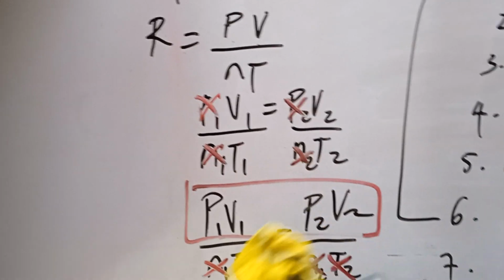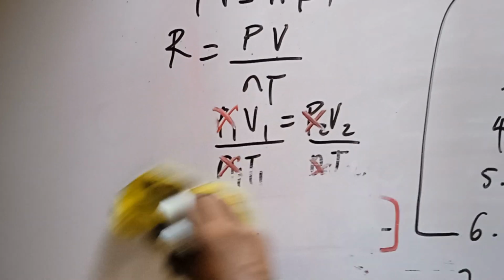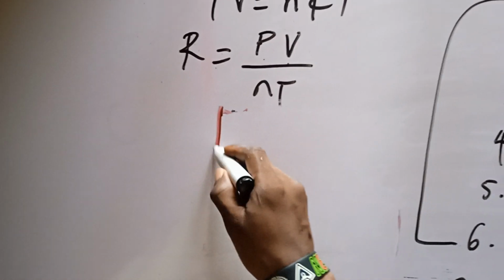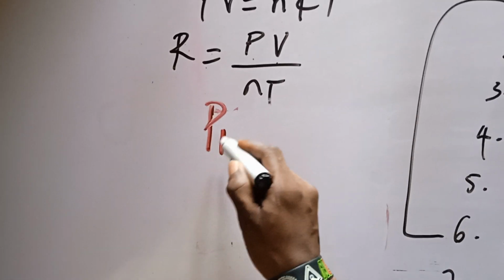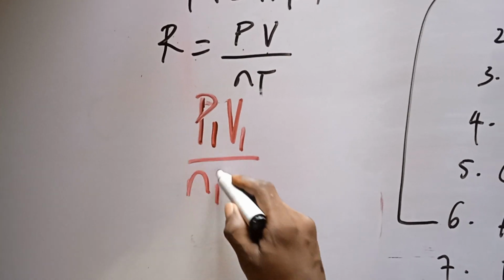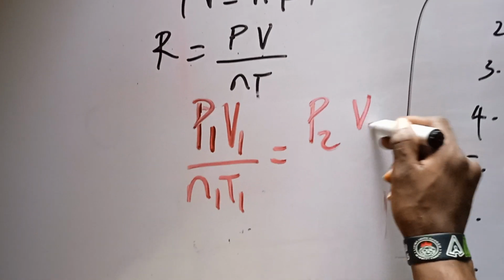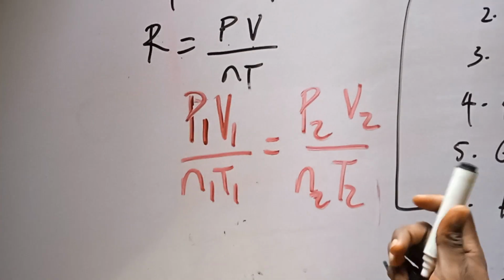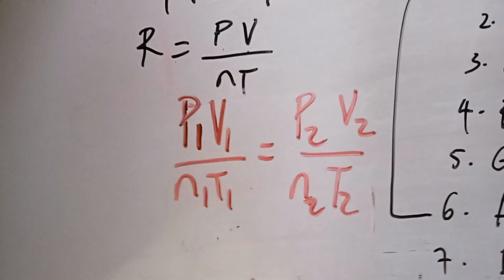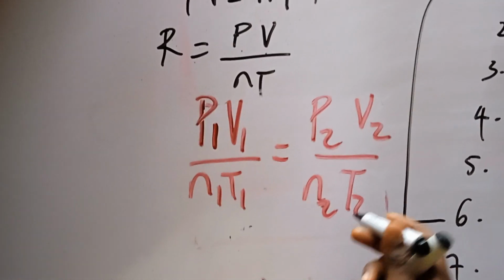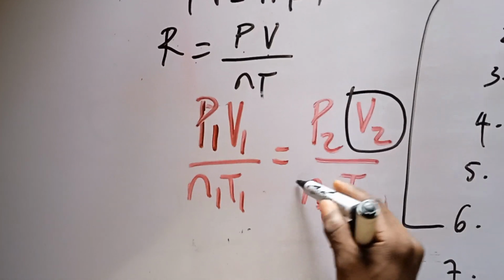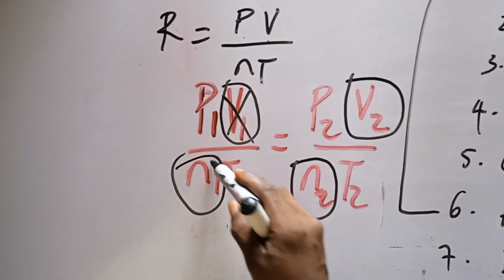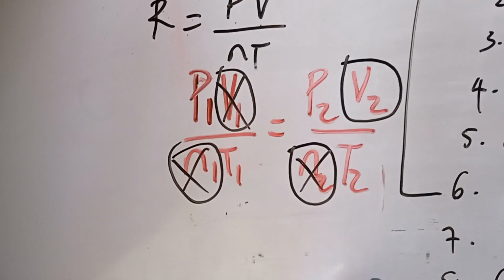Now the next one is Gay-Lussac's law. Using the same combined gas law, P1V1 over n1T1 equals P2V2 over n2T2, Gay-Lussac's law is saying that at constant volume and amount in mole, pressure and temperature are directly proportional.